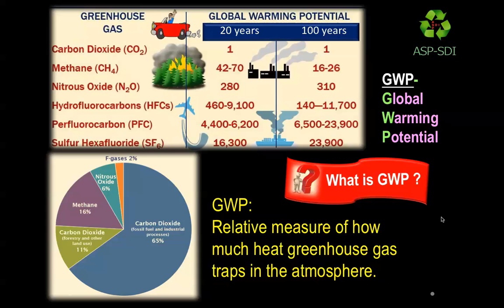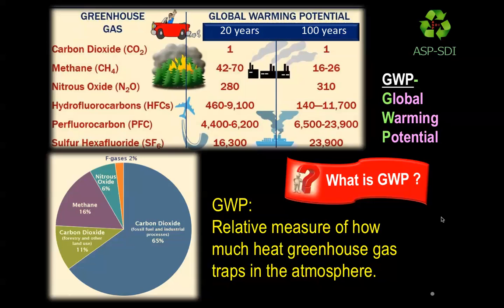Because the intensity of trapping the heat varies, and the number of years or the life cycle of each gas in the atmosphere varies, and the mass of each gas varies, it becomes extremely important to have one base figure or one benchmark.